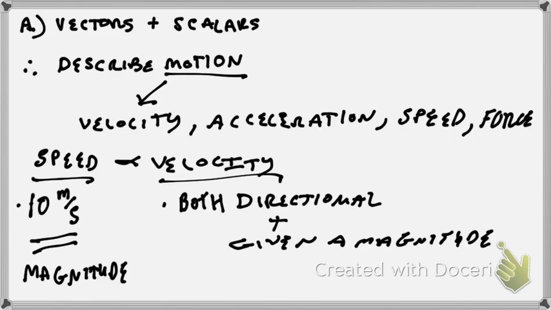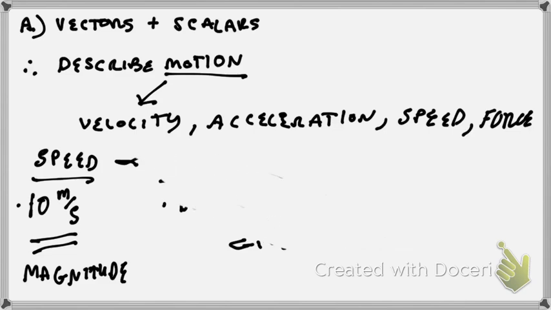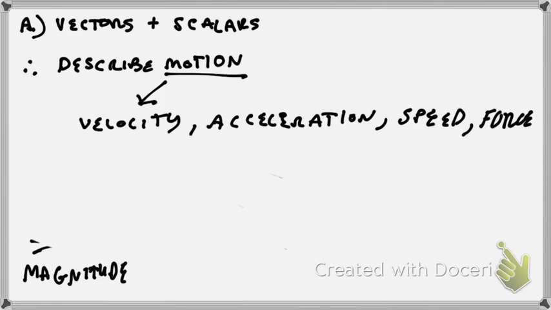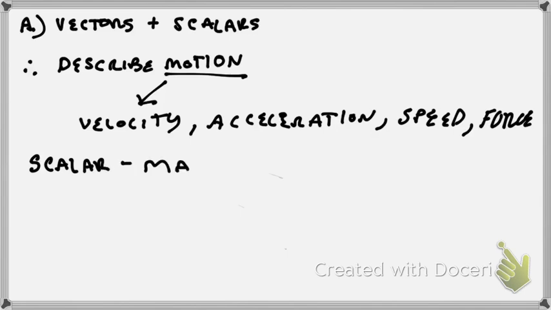So let's go ahead and understand this better. We're going to understand the difference between vectors and scalars. So far, we understand that a scalar has magnitude, but a vector has direction and magnitude.